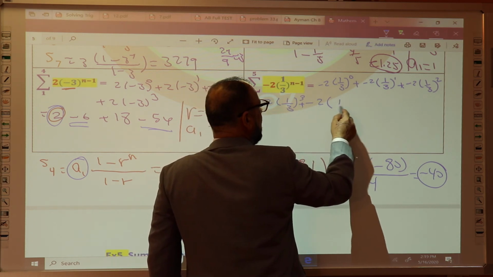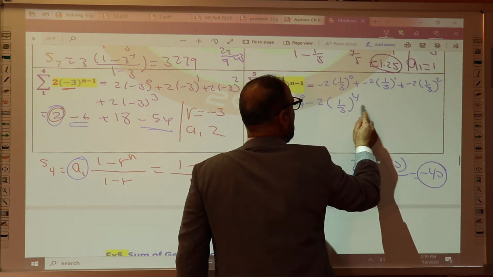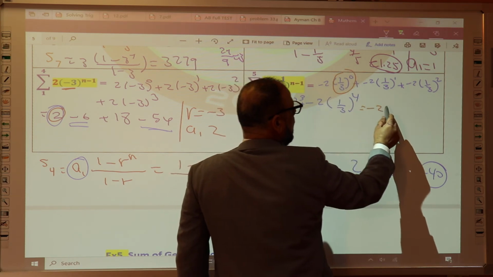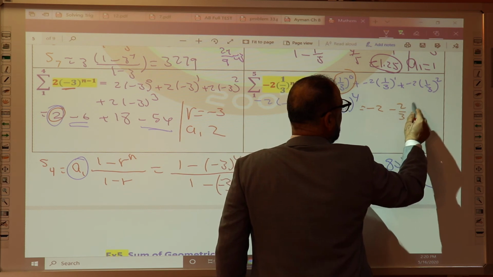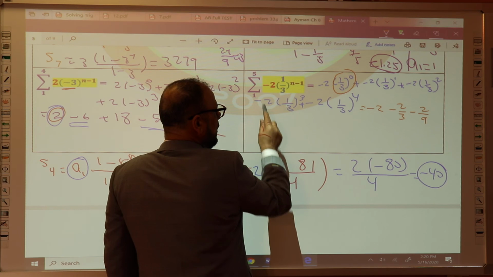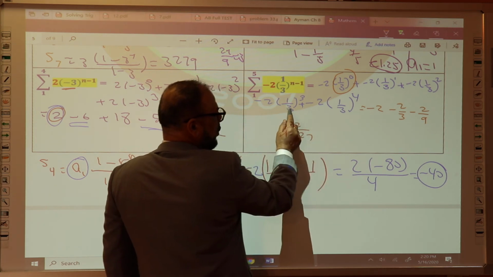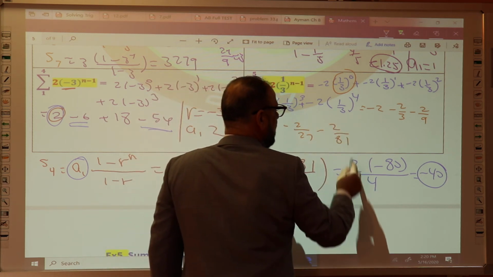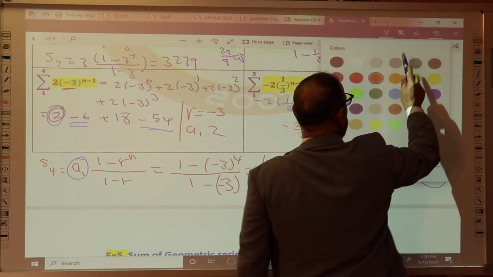Negative 2 times 1/3 to the 4, equal negative 2, because this guy is 1, and this is plus negative 2/3, negative 2 over 9, right? And this is negative 2 over 27, because 3 cubed, 3 times 3 times 3 is what? Minus 2 over 81.